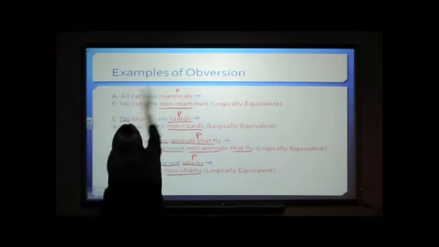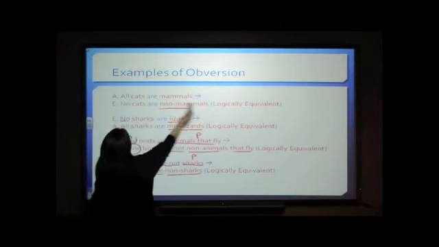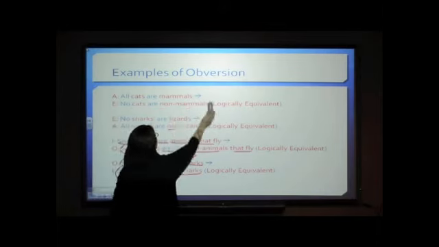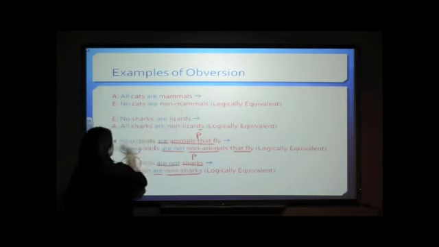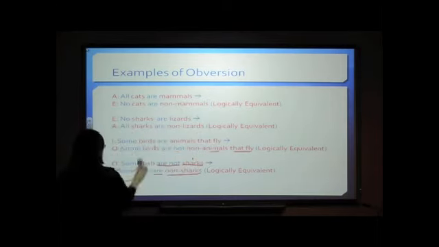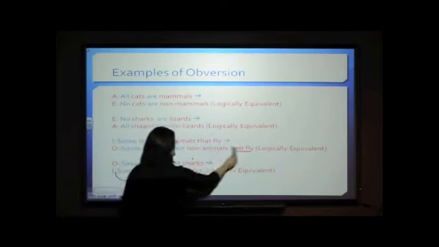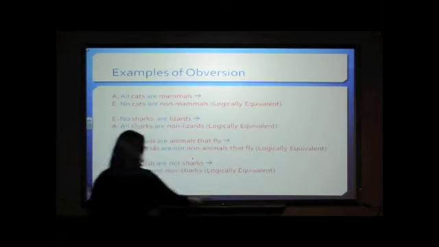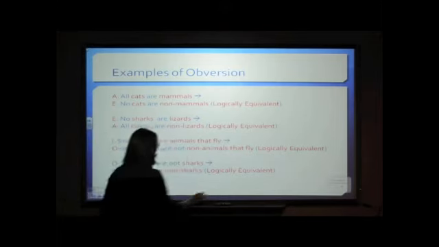So, when you look at obversion and how it actually operates on these various types of statements, there are also just a couple of things that you should keep in mind. Okay.